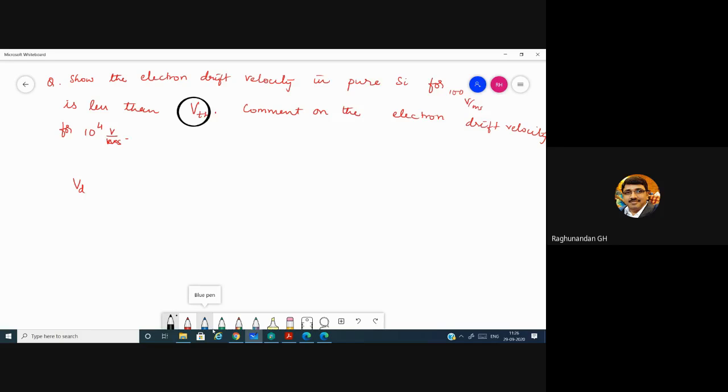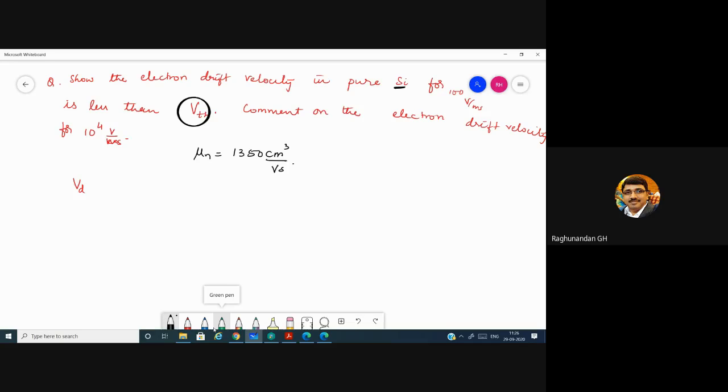So now, what is the formula? And one more thing you should remember, whenever mu n is not given in the question. See, in the last question, mu n was given as 700. But whenever mu n is not given and they mention only silicon, you should know that for silicon, mu n is 1350 centimeter square per volt second.